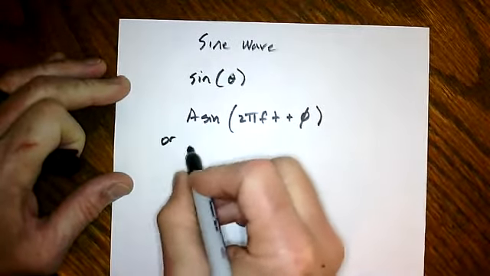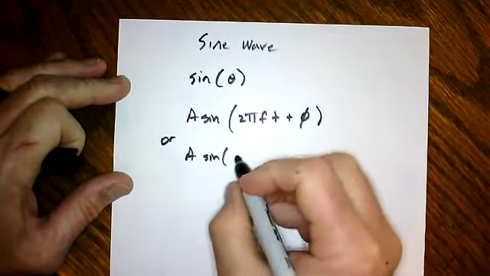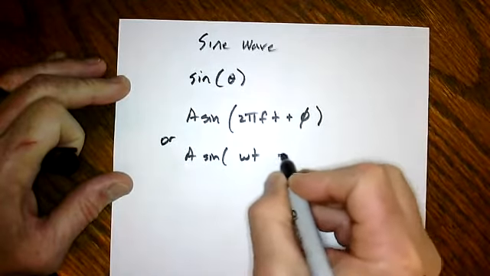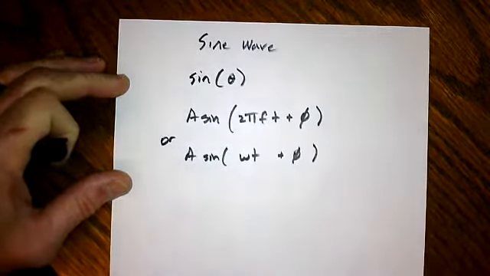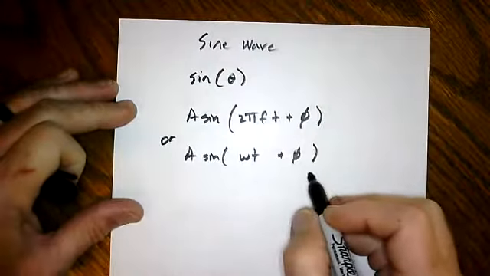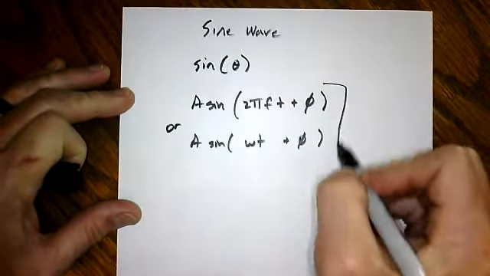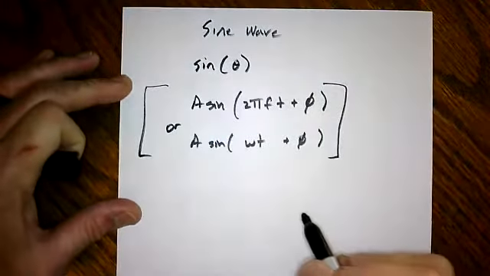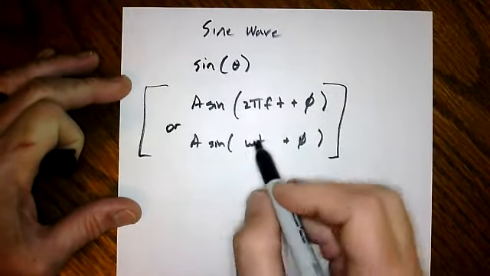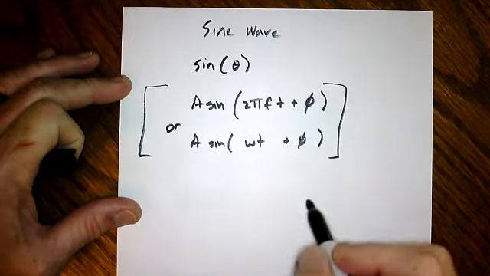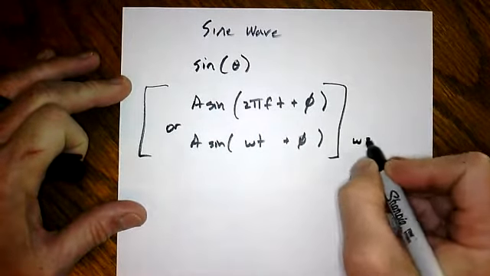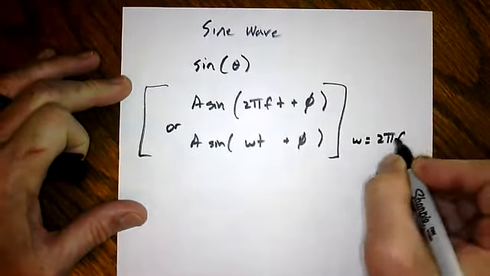Either of these equations are fine. They say the same thing, but you'll see the omega is 2 pi f here. So omega equals 2 pi f.